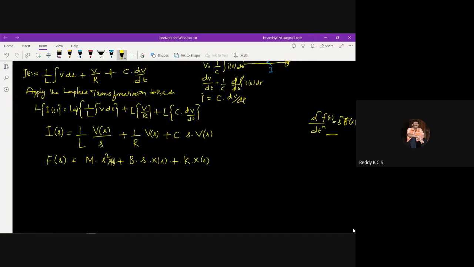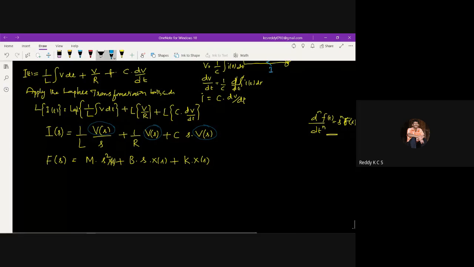Similarly, what we did for the force-voltage analysis, in the case of current, we replaced it with the flow of charge. Similarly, in this case, this voltage is replaced with the flux. So voltage is replaced with the flux. What is the relation between the voltage and the flux?